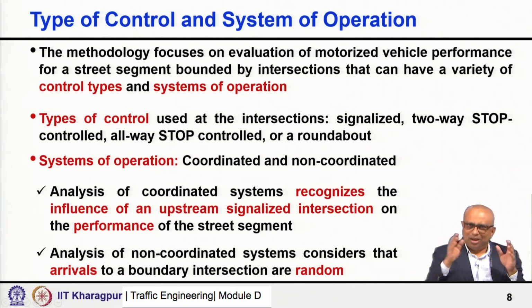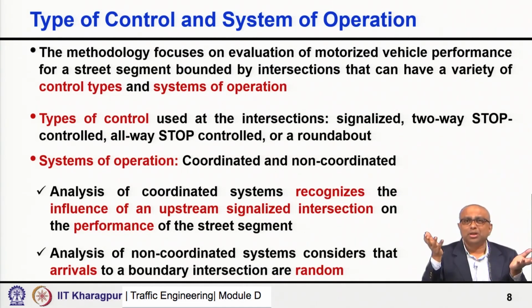Now, urban street segments are bounded by intersections, which can have a variety of control types, and different systems of operations are also possible. What do we mean by different types of control? That means an intersection could be signalized, could be two-way stop control, could be all-way stop control, and it could even be a roundabout.